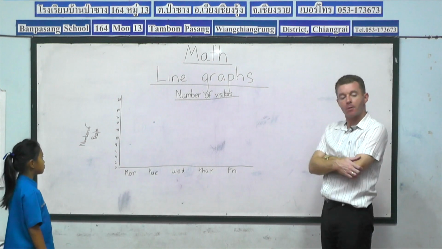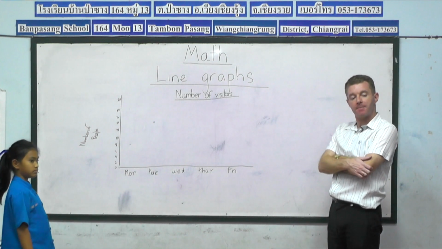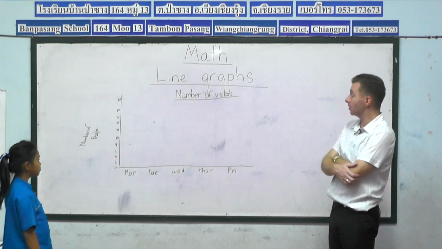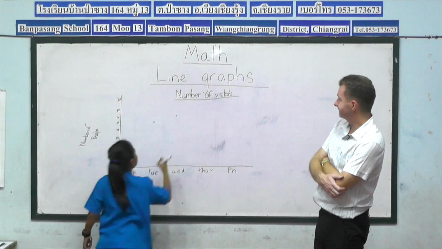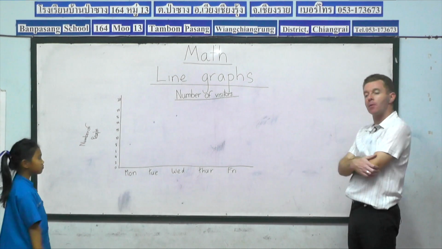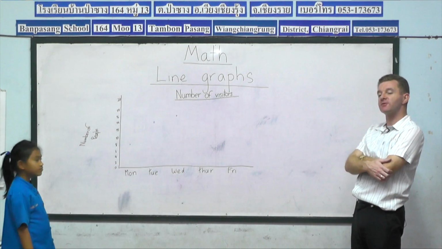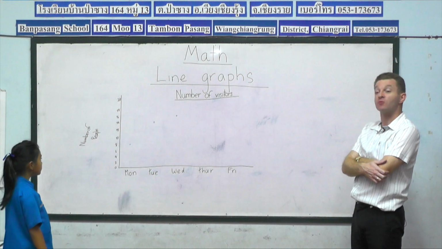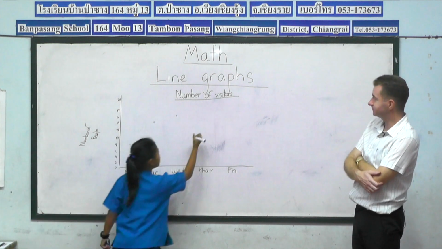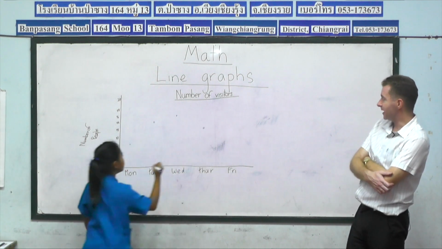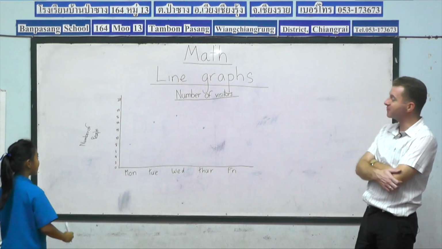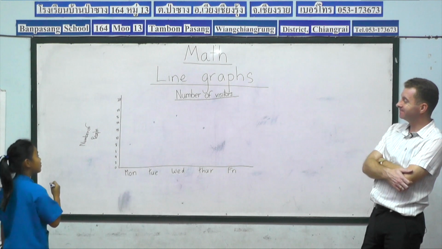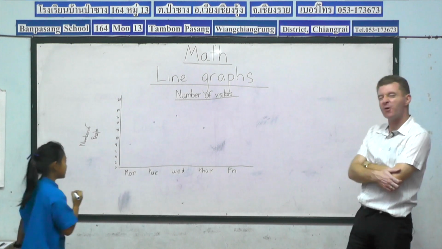Now, how about Wednesday? How many people on Wednesday? 16 on Wednesday. Okay, so we'll go to 16 on Wednesday. Nadia, how about Thursday? How many visitors on Thursday? 12 on Thursday. Okay. And then let's see. Pakbung, how many visitors will we have on Friday? 4. Okay, only 4 on Friday.